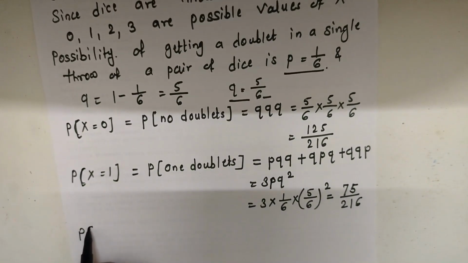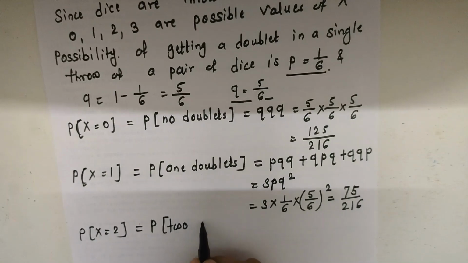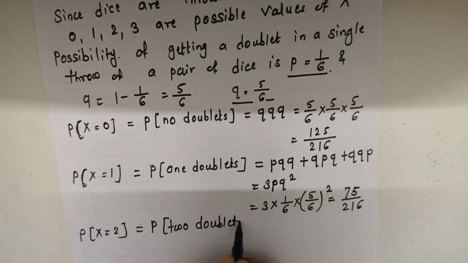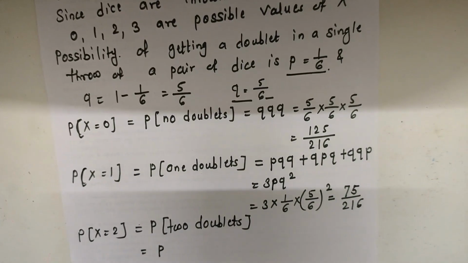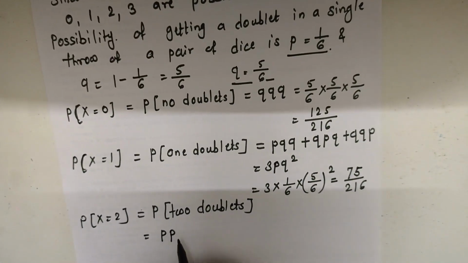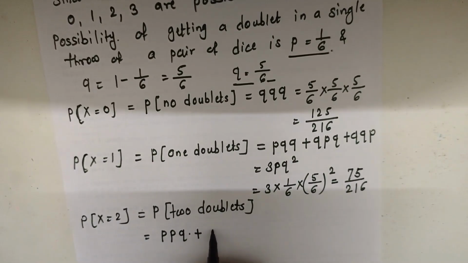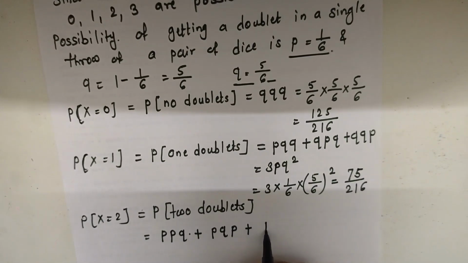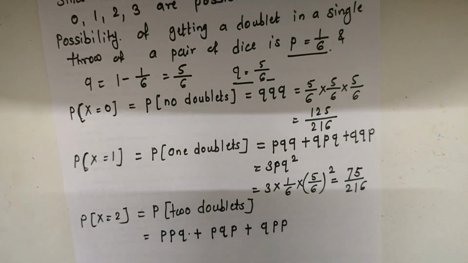Now for the next probability, x equal to 2, the probability for 2 doublets. The possibilities are: first time success, second time success, and third time failure. Next, first time success, second time failure, and third time success. Next, first time failure, and the next 2 times success.